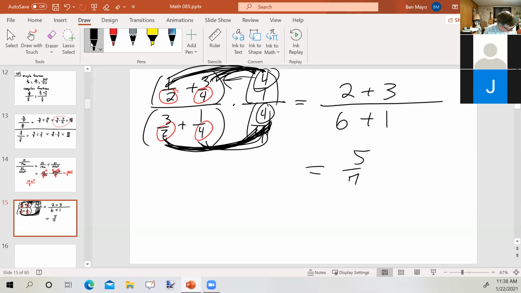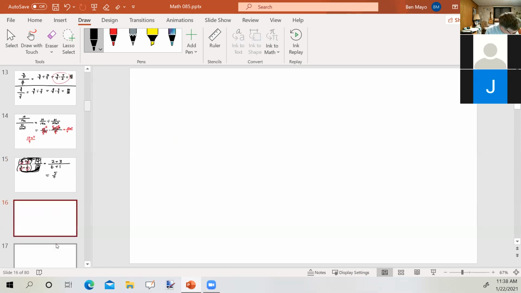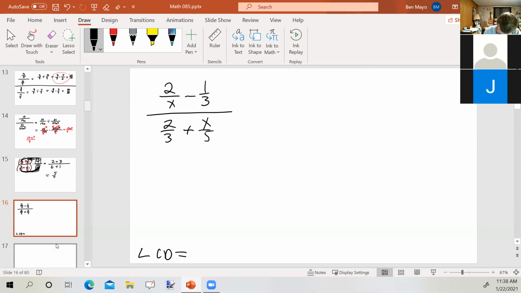All right. Let's take a look at another example. 2 over x minus 1/3 all over 2/3 plus x over 5. Excuse me. Okay, I'm going to write this down here. What's the LCD of x, 3, 3, and 5?